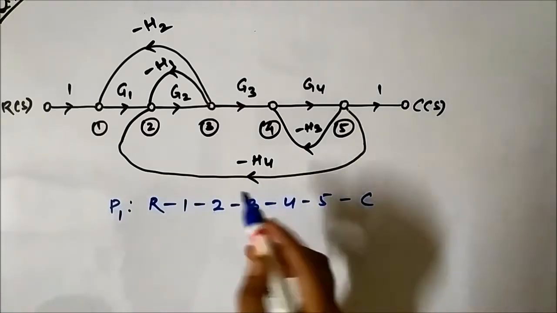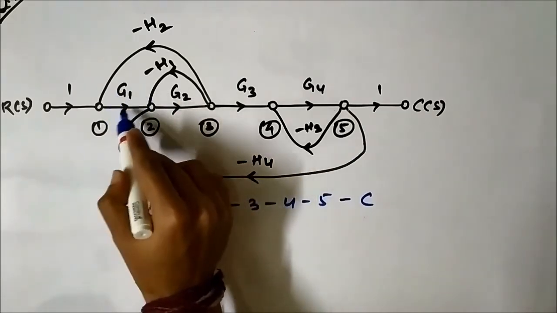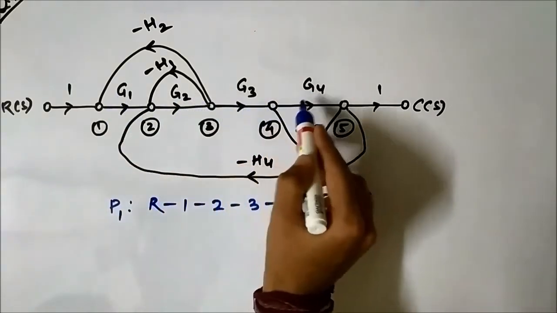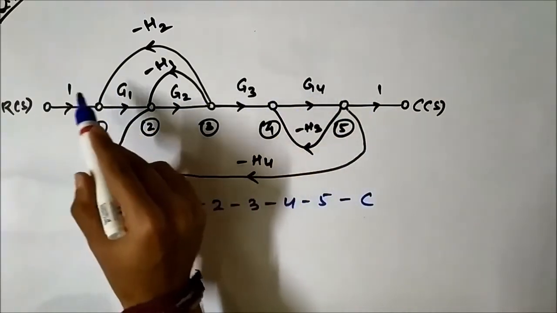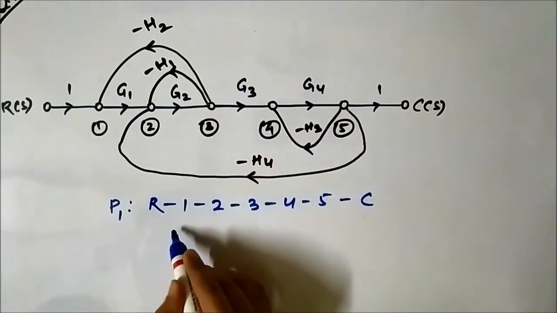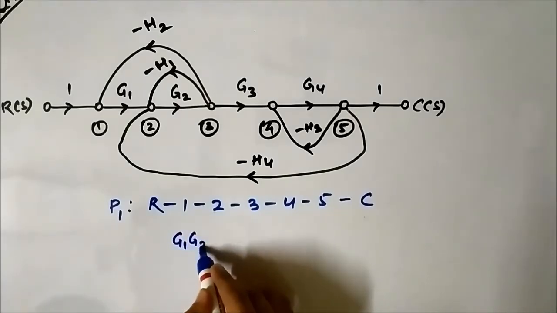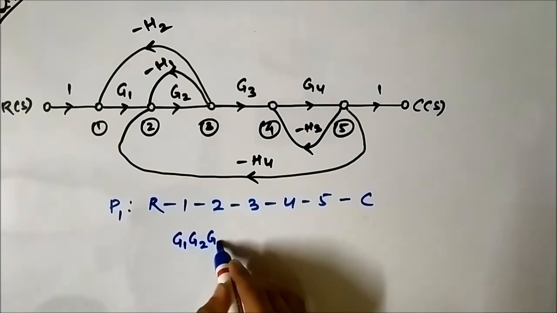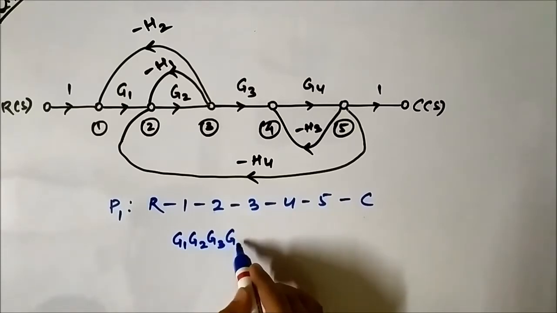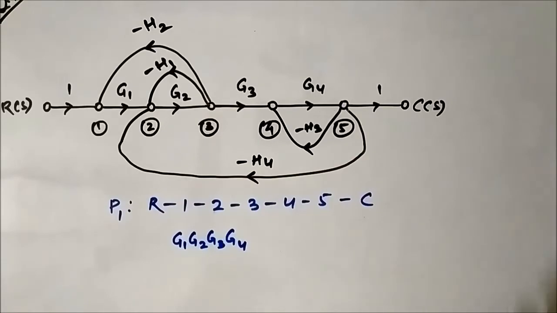And what is the gain of this forward path? It is the multiplication of the individual branch gains, that is 1 into G1 into G2 into G3 into G4 into 1. So the gain is G1 G2 G3 G4. This is the forward path gain.